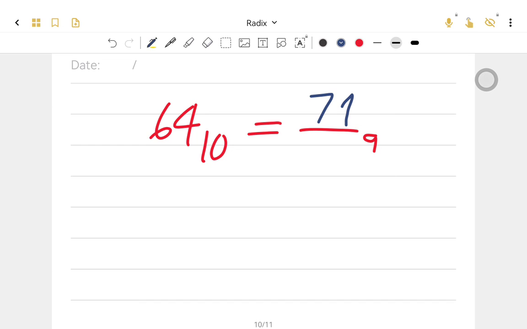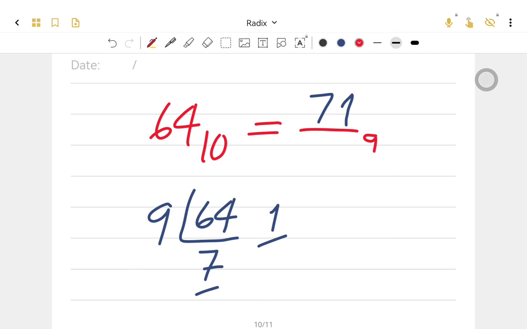How do we get 7 and 1? We have 64 divided by 9. 64 divided by 9, we have 7. 9 times 7 is 63. Therefore, 64 minus 63 is 1, our remainder. That is why we have 7 and 1.